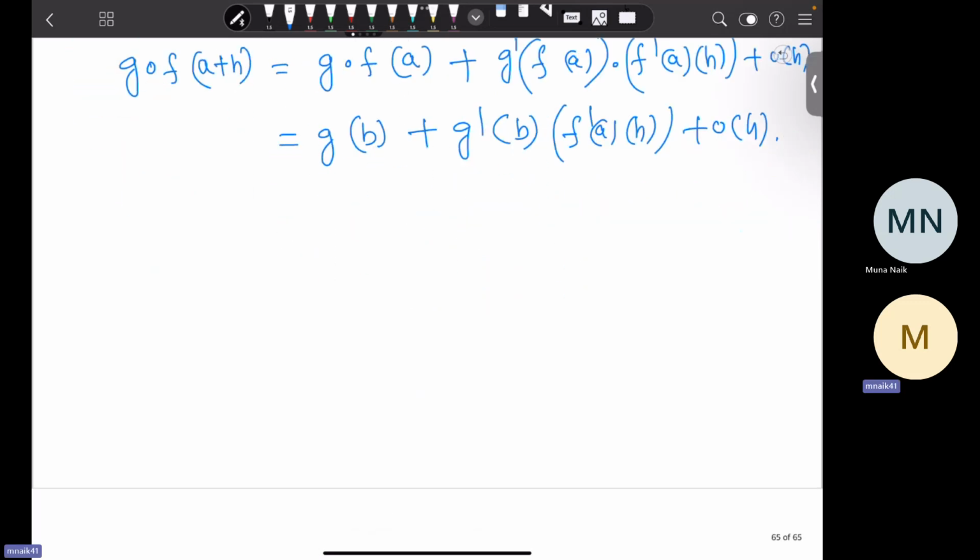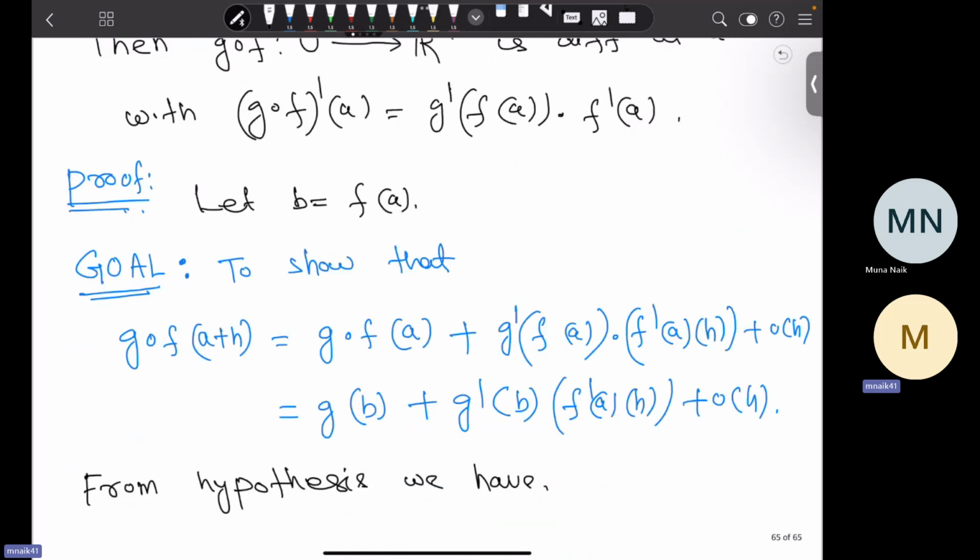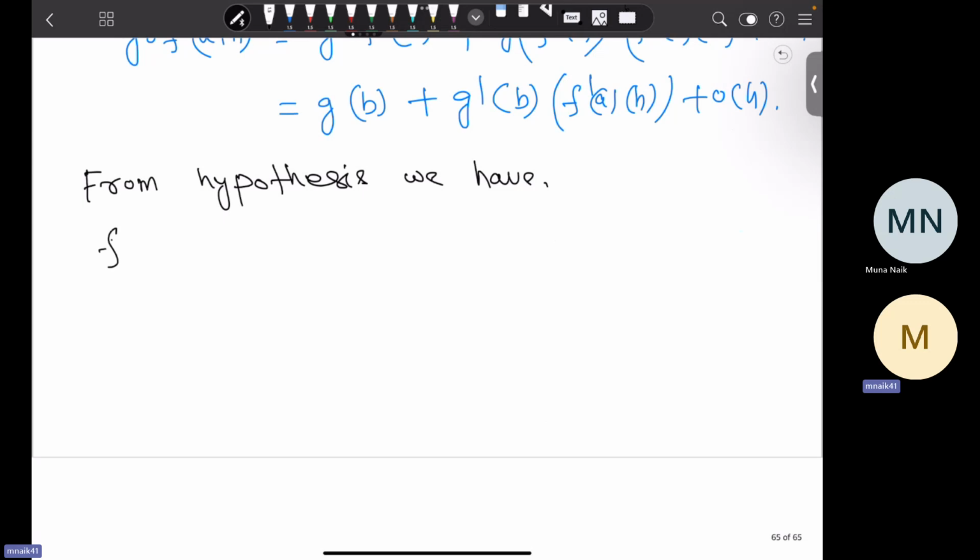Okay, so what is given? From the hypothesis we have that F is differentiable at A, so F of A plus H is equal to F of A plus F'(A) of H plus little o of H, valid when H is sufficiently small.